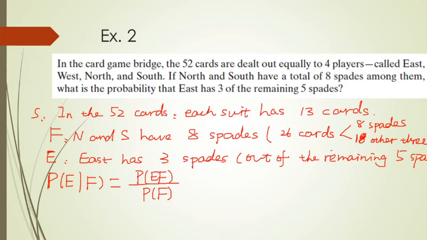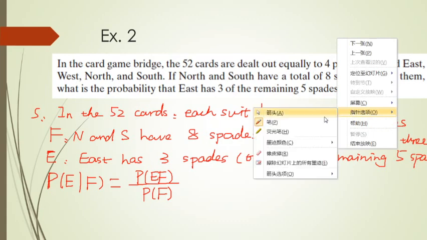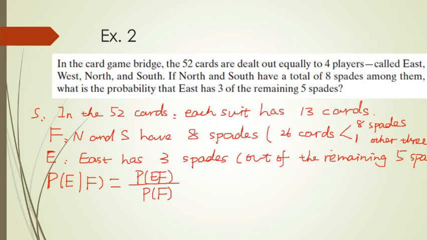It might be diamond, club, heart. So that is event F. Let me write it more clearly. It's 18 here. So for event F, north and south players got 8 spades, but each player has 13 cards. So two players totally have 26 cards. Out of those 26, we have 8 spades, and the other 18 will come from the other 3 suits.